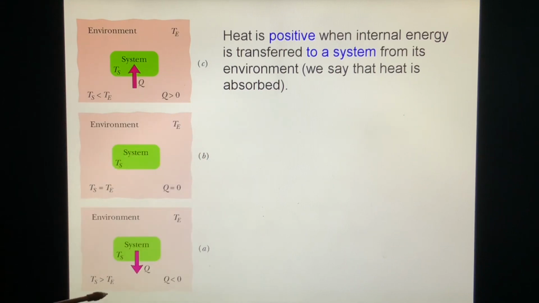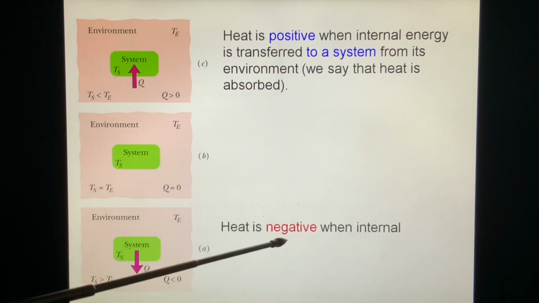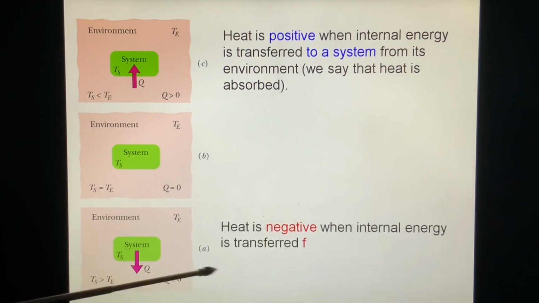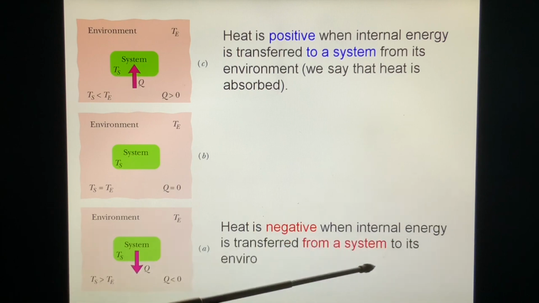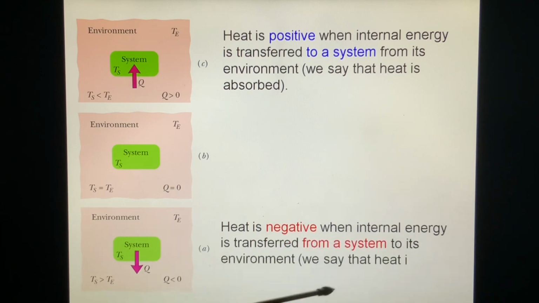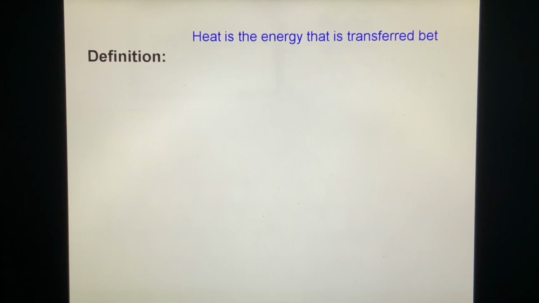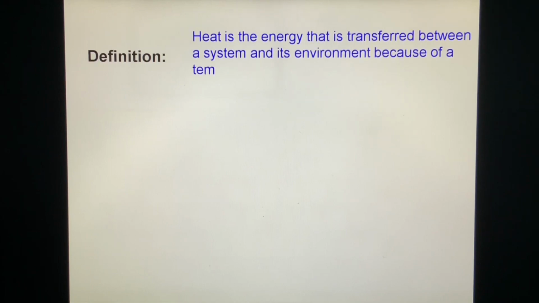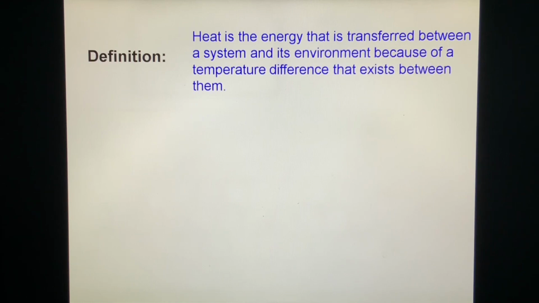If T_E is smaller than T_S, heat is negative when internal energy is transferred from the system to its environment. We say that heat is released or lost. Definition: heat is the energy that is transferred between a system and its environment because of a temperature difference that exists between them.